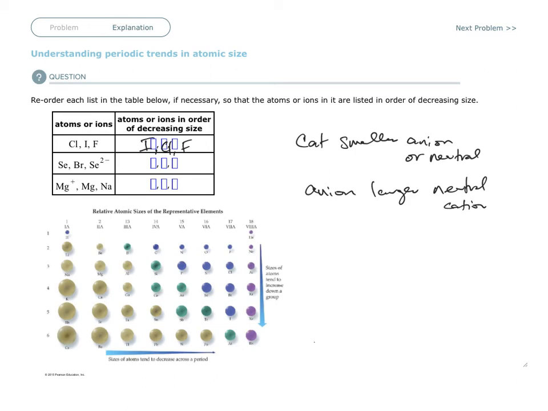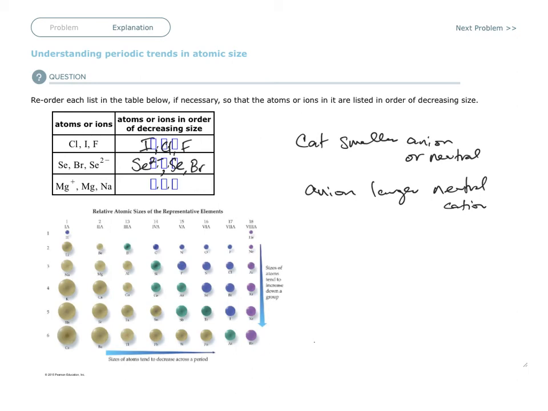This is easy. Selenium is going to be bigger than bromine, and the selenium ion is going to be bigger than selenium, because an anion is larger than the neutral atom. So that means I'm going to have selenium 2-, that's the ion, and then selenium atom, and then bromine is last.